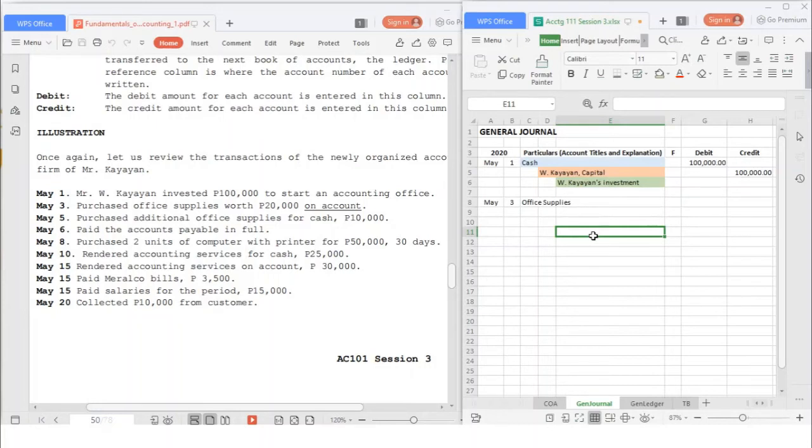Unsay buhaton para ma-increase ang liability account, imuha siyang i-credit. So, meaning, your accounts payable is i-credit. Now, our explanation is purchase office supplies on account. So, ang amount is at 20,000.